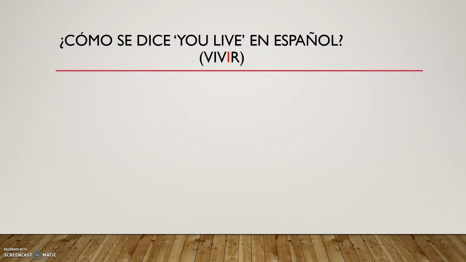Here's an IR verb. ¿Cómo se dice you live en español? To live is vivir. I hope you remembered that the IR turns into an ES ending. It shares the ending with ER verbs. So you live is tú vives.